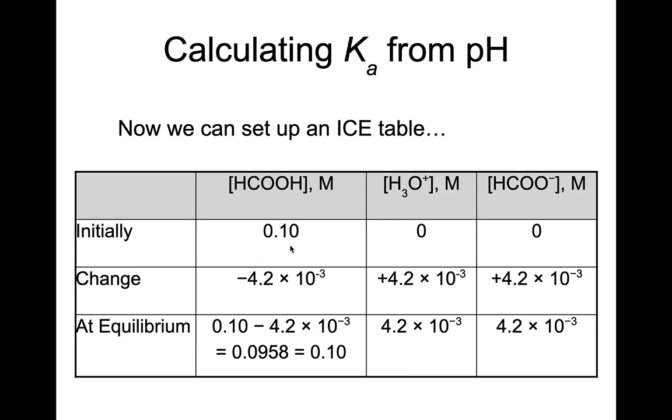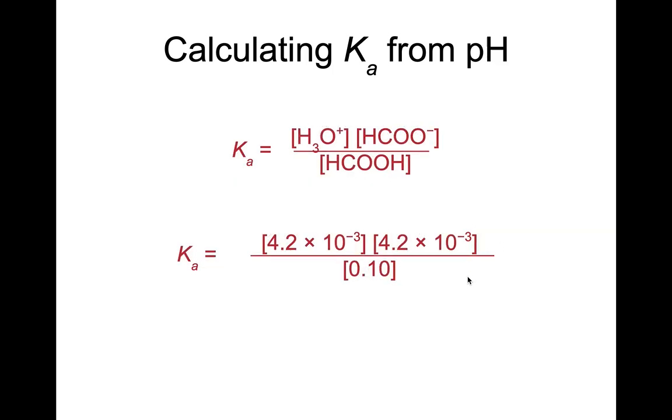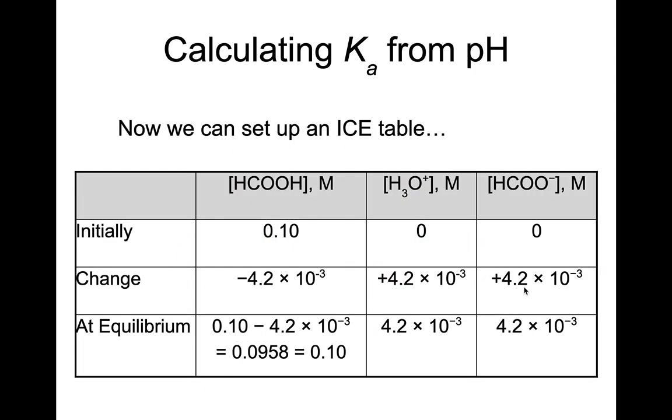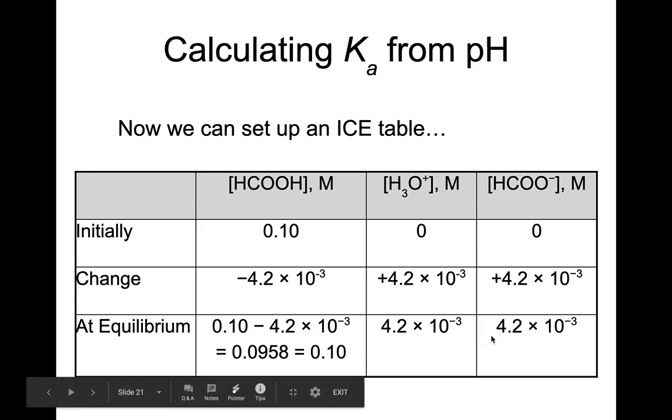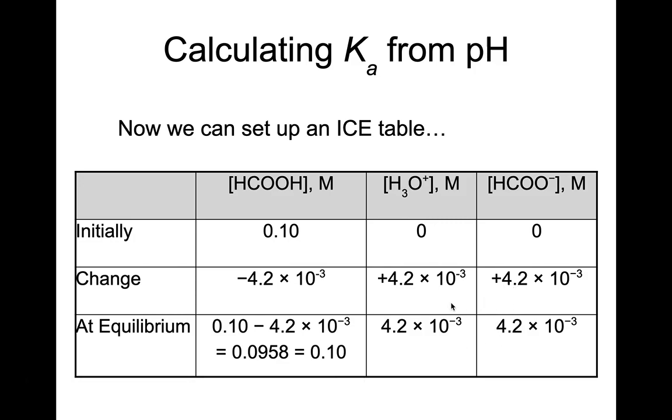And in the slide above, we calculated the concentration of these two at equilibrium. And so we know how much they are changing by. We calculated these boxes. They went from 0 to this value, so we had a change here equal to that calculated value on the previous slide.